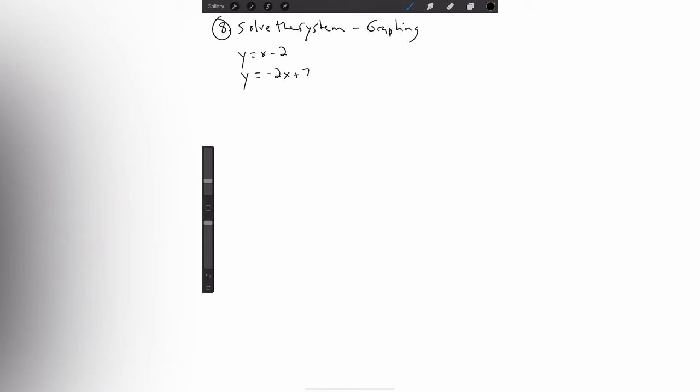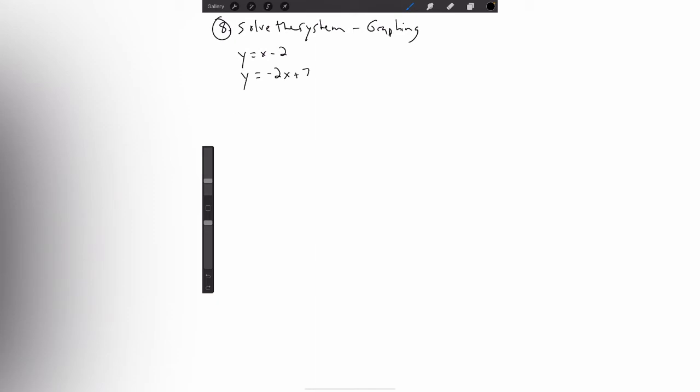So what I'm going to do is I'm going to solve 8, 9, and 10 not using a calculator. And then I'm going to go through and show you how to solve those with a calculator because it will make you appreciate using a calculator in these situations. It makes it a lot easier. Okay, so solve the system by graphing.